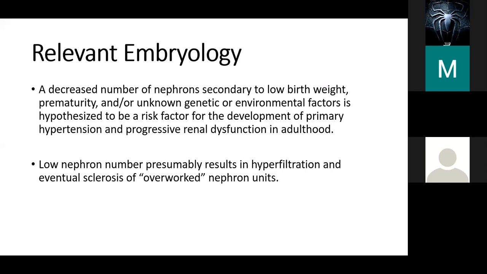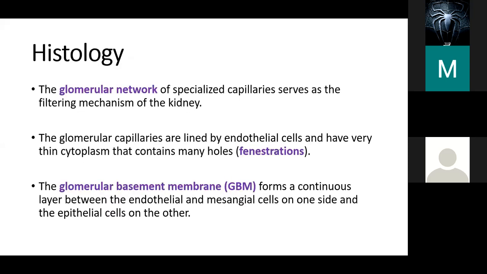The low nephron number leads to increased filtration in the small number, leading to overworking of the small number of nephrons. So people who have a smaller number of nephrons are at risk of getting hypertension as a result of the fact that the small number of nephrons are overworked to clean the blood of toxic substances.